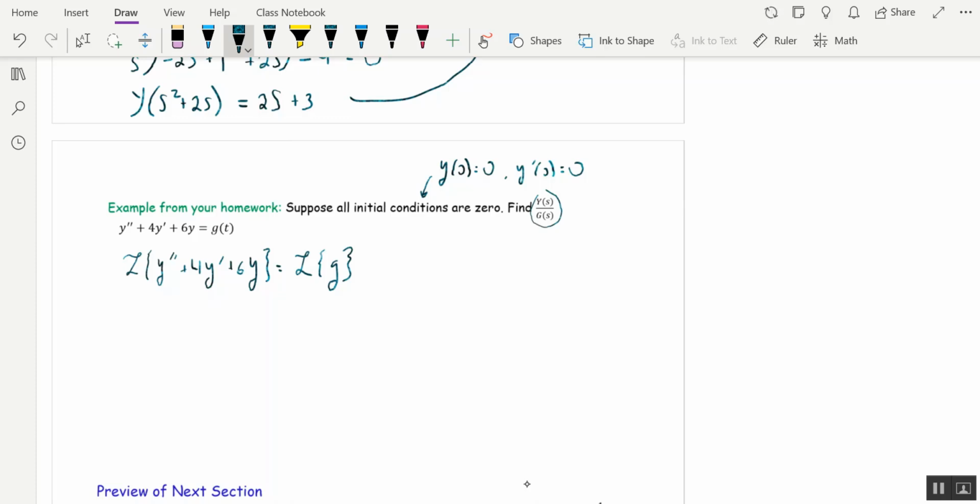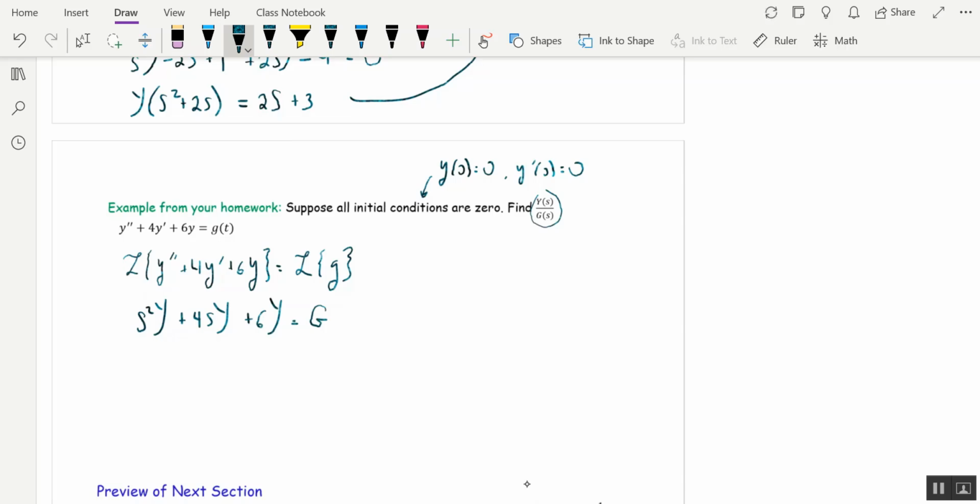In fact, L of y double prime is just going to be s squared big Y, and the other two terms will be 0. So I'll have plus 4 L of y prime, which will just be s big Y, and then L of 6 little y is 6 big Y. And then on the right, what's L of little g? Well, by definition, that's big G. L of a little variable is always the big variable.